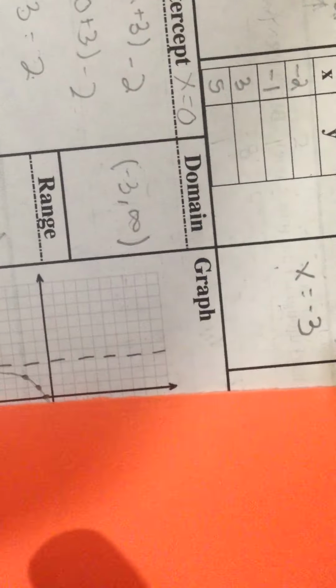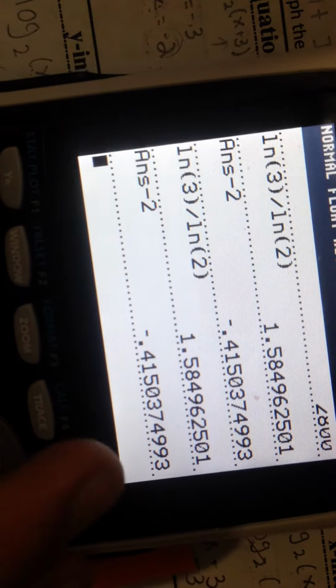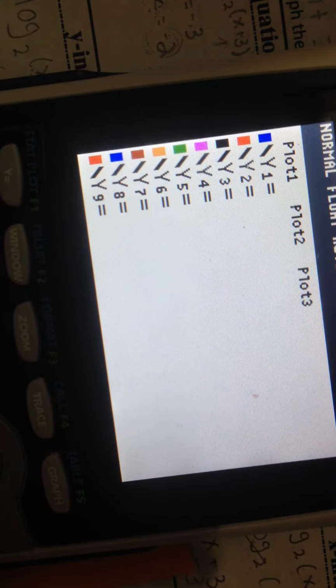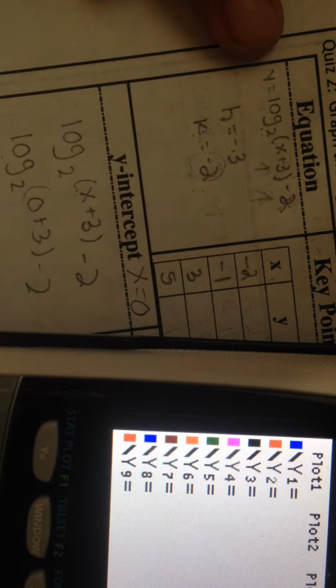Okay, and to graph the logarithmic, we have to plug it into our calculator and get some key points. We would go to the y equals screen, and we can't write log base 2 of x plus 3 minus 2 in our calculator because then it would just say error.